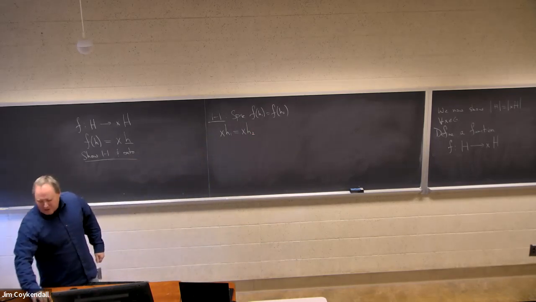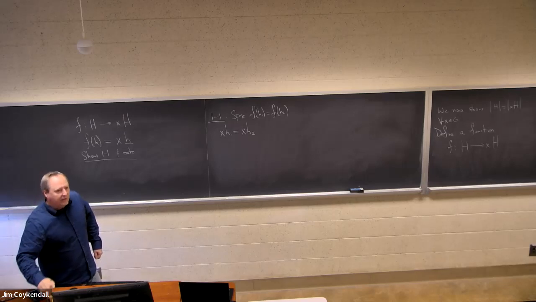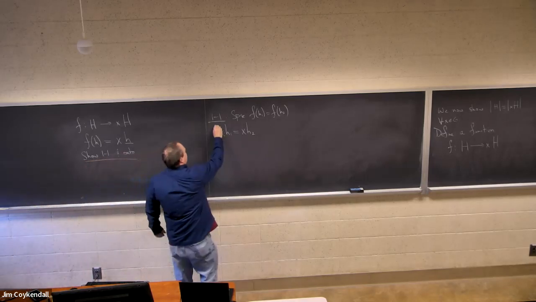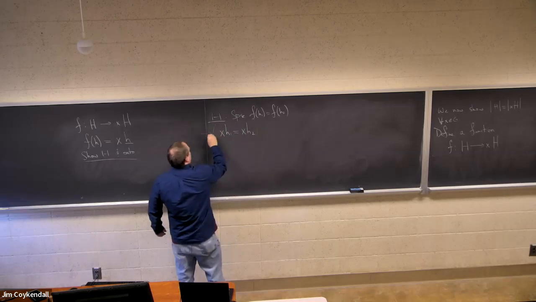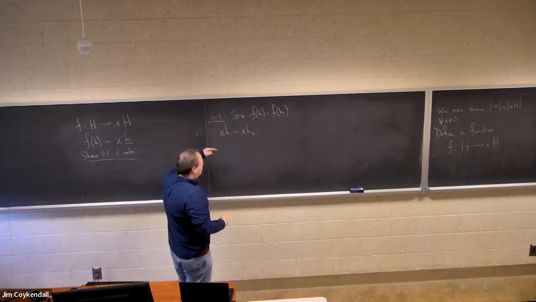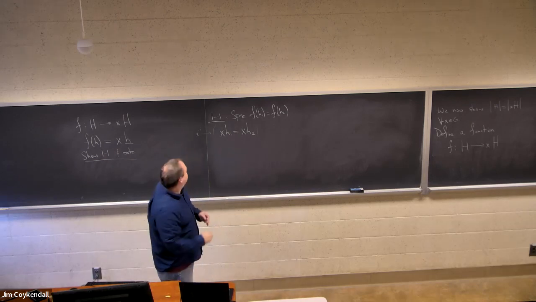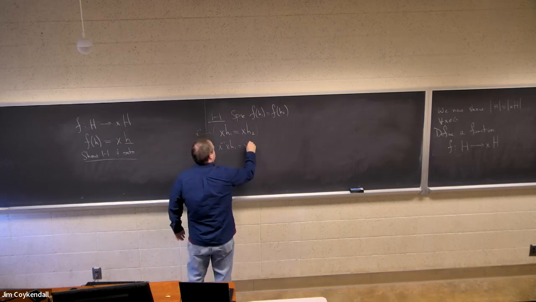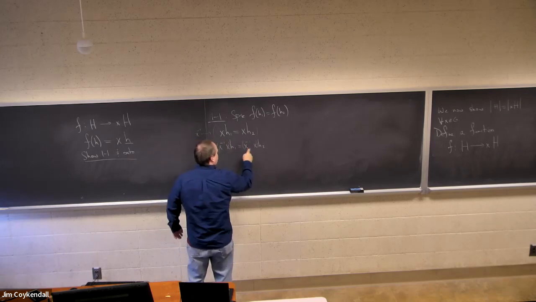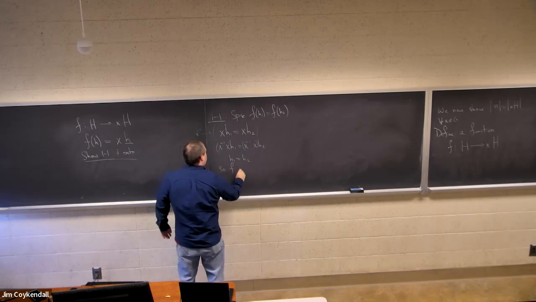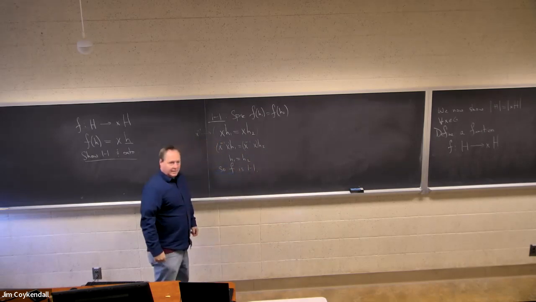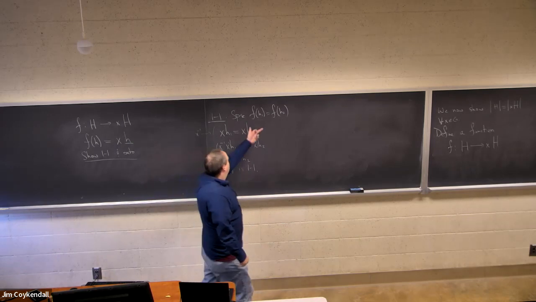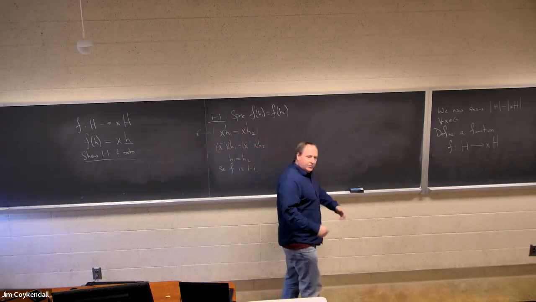And now you've got to love groups because every element has an inverse. So I'm going to multiply on the left side by X inverse, and these two become identical. Same output means same input, so it's 1-to-1.